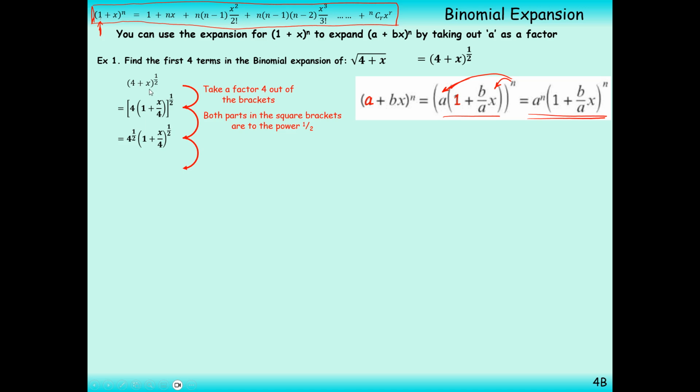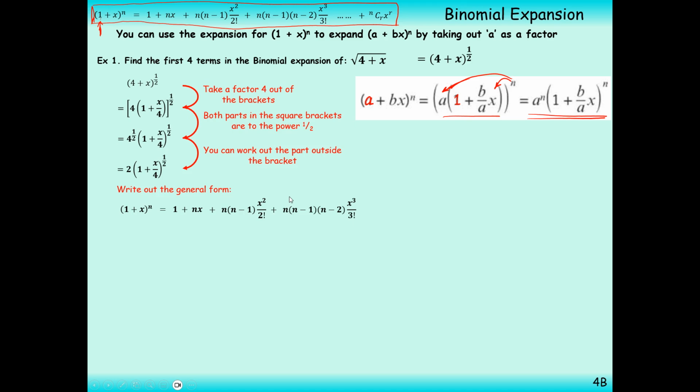Notice that we don't have x any longer, we have x over 4. So we're going to use x over 4 in our expansion formula. Our value of n is going to be a half, and our x's need to be replaced with x over 4. In the general form of the binomial expansion, we'll have these terms here, and we're going to substitute half for n and x over 4 for x.